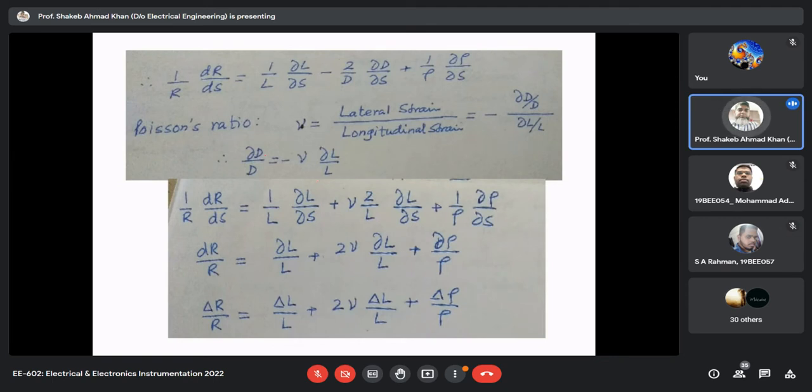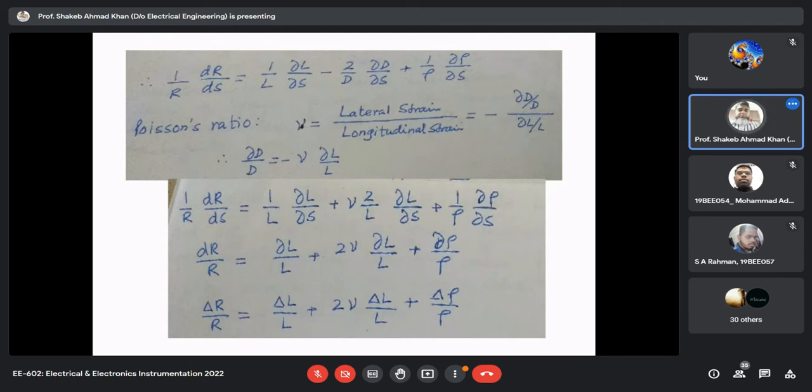Now this lateral strain will be replaced by the longitudinal strain. So here we replace it by this, then we have got this expression. Now if this is true, then this is also true. What can we say?